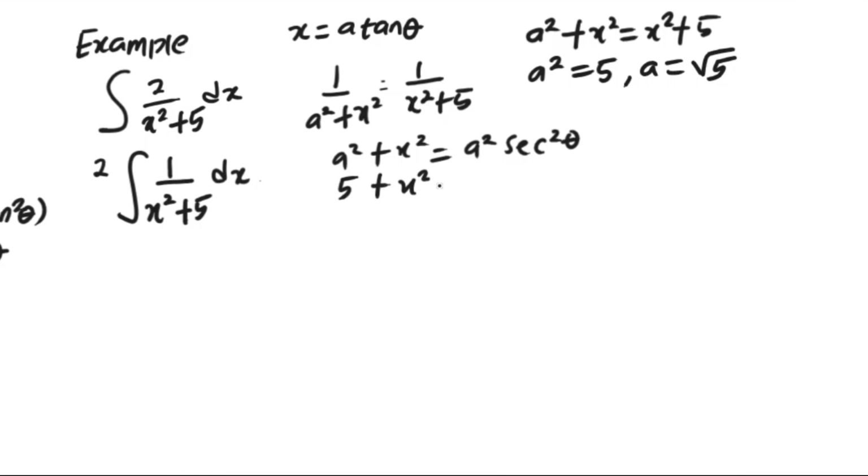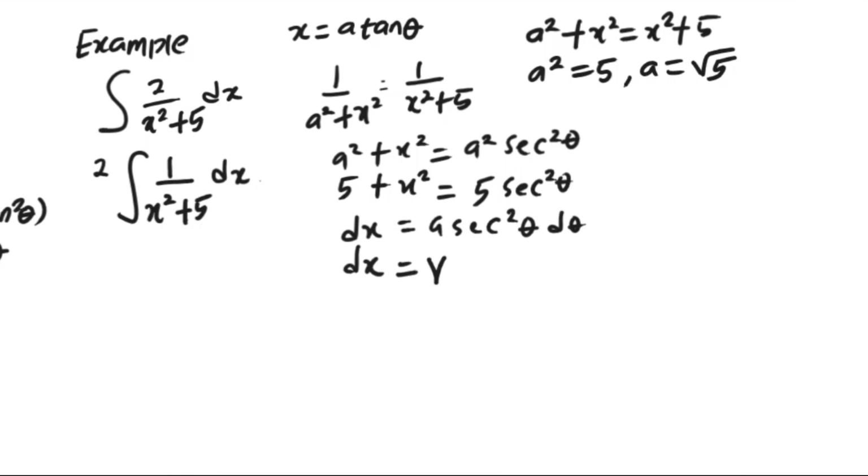It means this will give us a squared, which is now 5 sec squared theta. And we also know that dx is equal to a sec squared theta d theta. So it means that dx is equal to root 5 sec squared theta d theta.